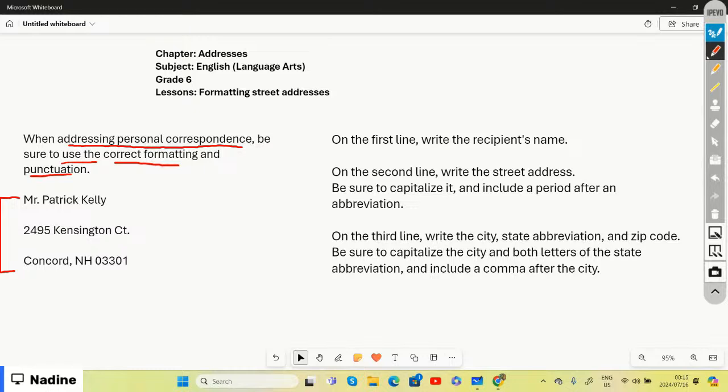They are going to fill in the details of the adult, for example either Mr. Patrick Kelly or Mrs. Patricia Kelly, depending on whoever made the purchase.